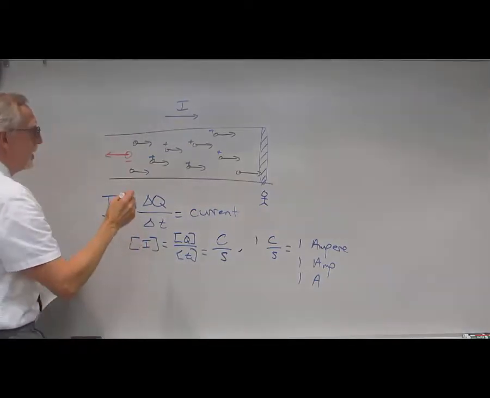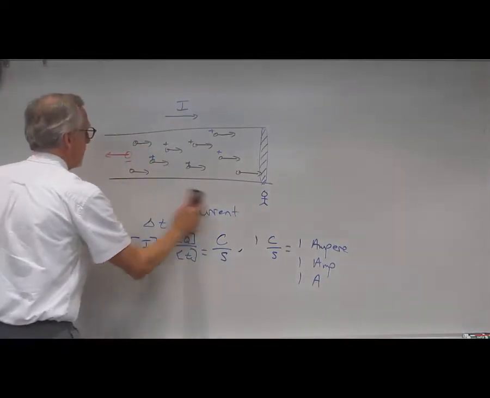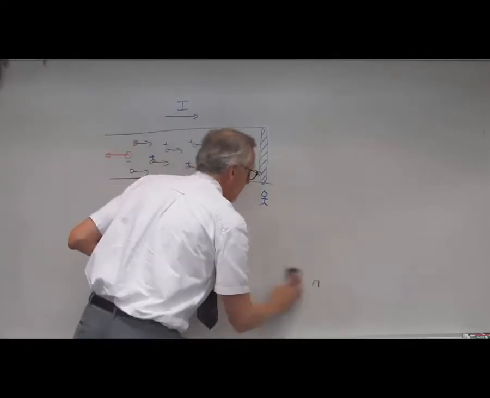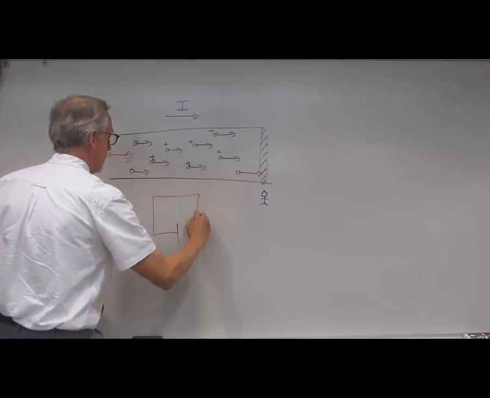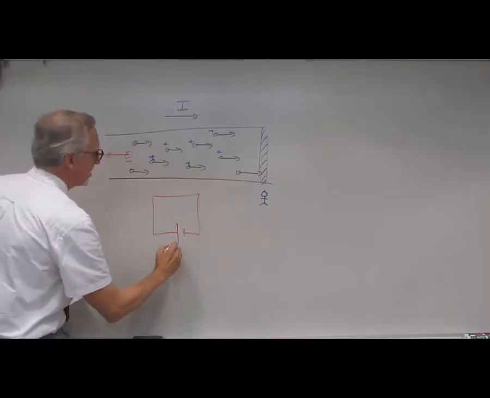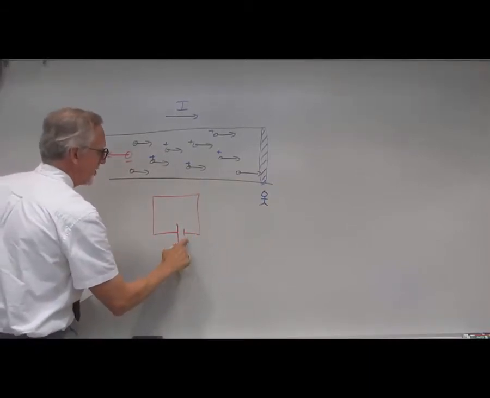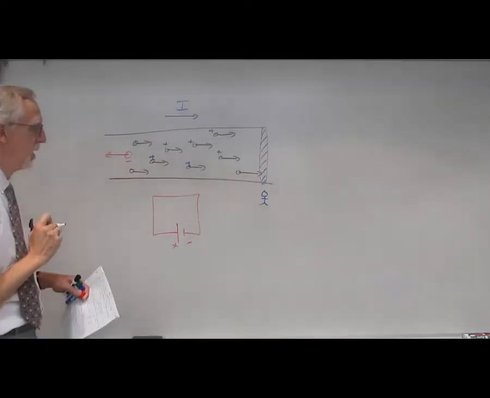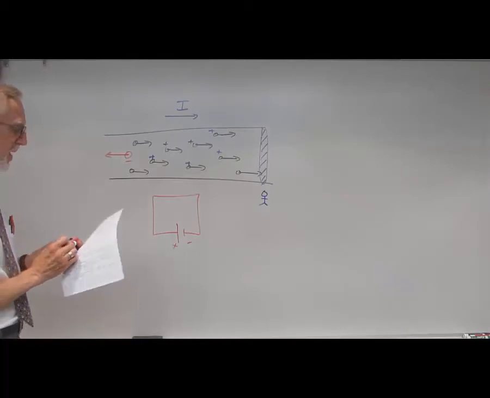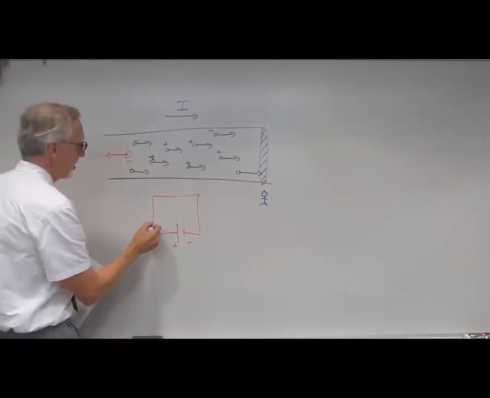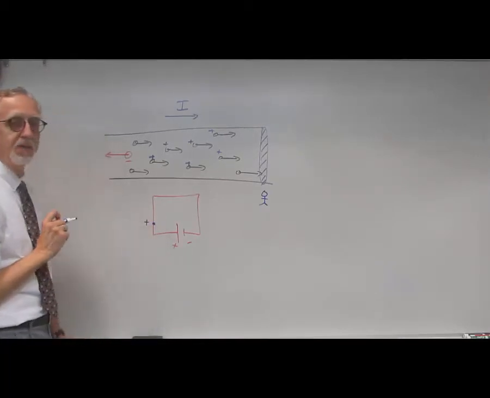So, keep in mind, if we have a battery, remember the long side is the positive side, the short side is the negative side. Now, what would a positive charge do? If we had a positive charge here, how would that positive charge move?